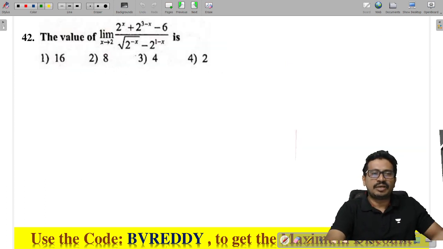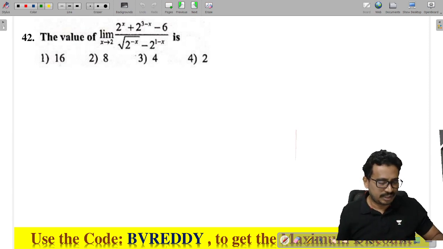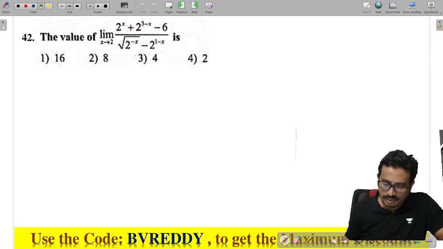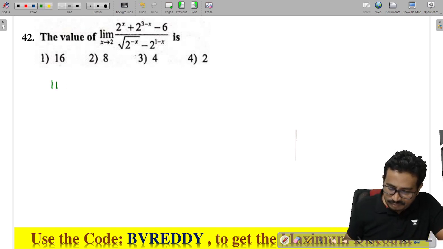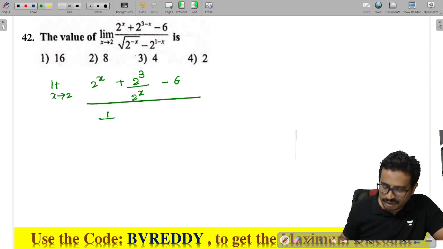Next, the value of this limit, x tends to 2. Let's see what this value is. Limit x tending to 2 of (2 power x plus 2 cube by 2 power x minus 6) upon (1 by root 2 power x minus 2 power 1 by 2 power x).